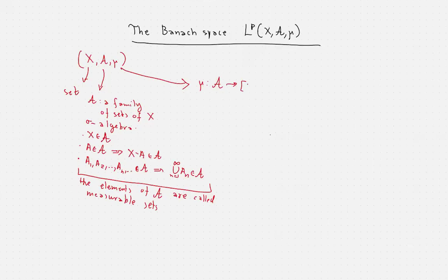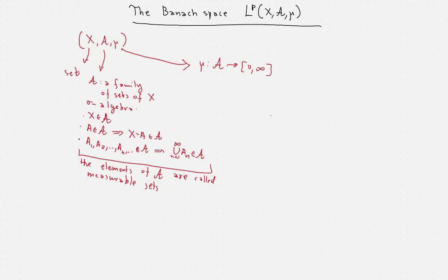And we have that pretty much the empty set, which notice it's part of our sigma algebra, since X belongs to the sigma algebra and the complement of every set belongs to the sigma algebra. So the complement of the whole thing will be the empty set. So the empty set has measure 0.